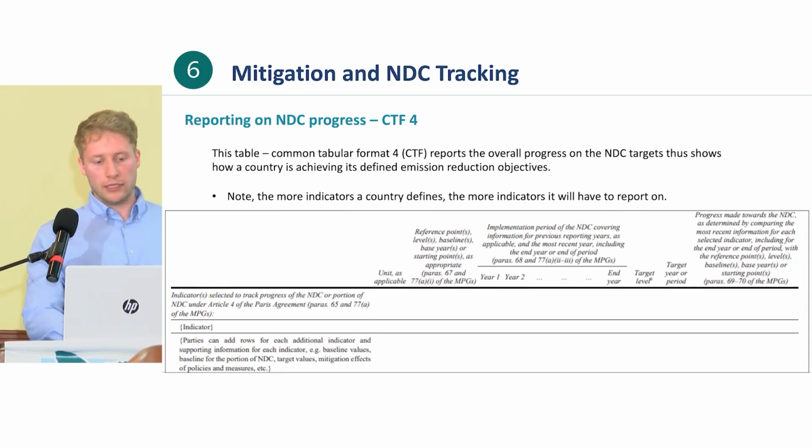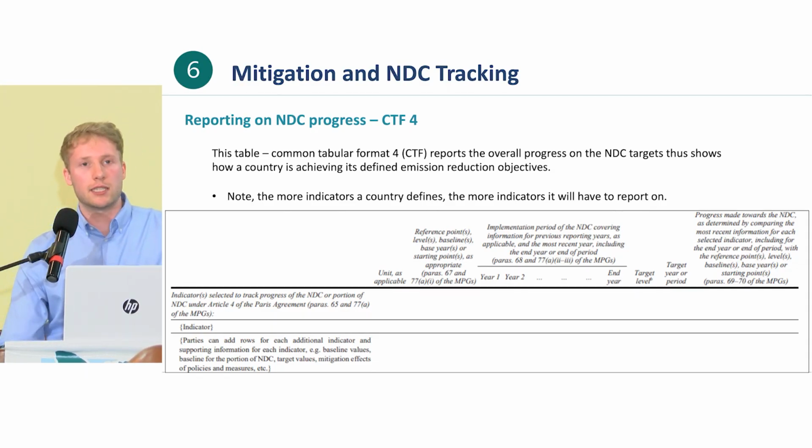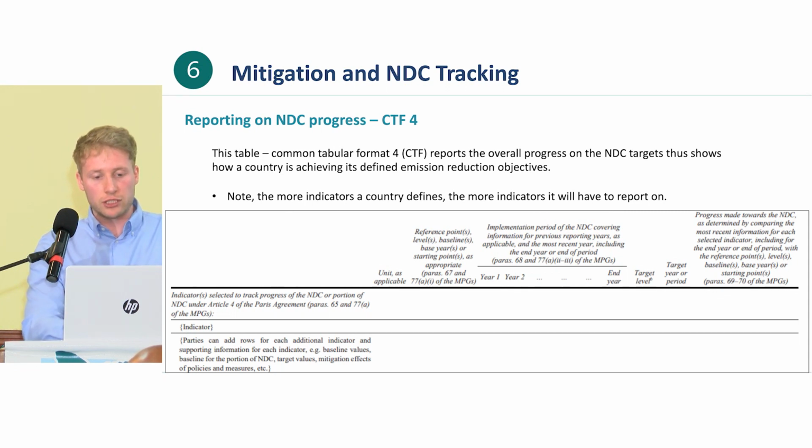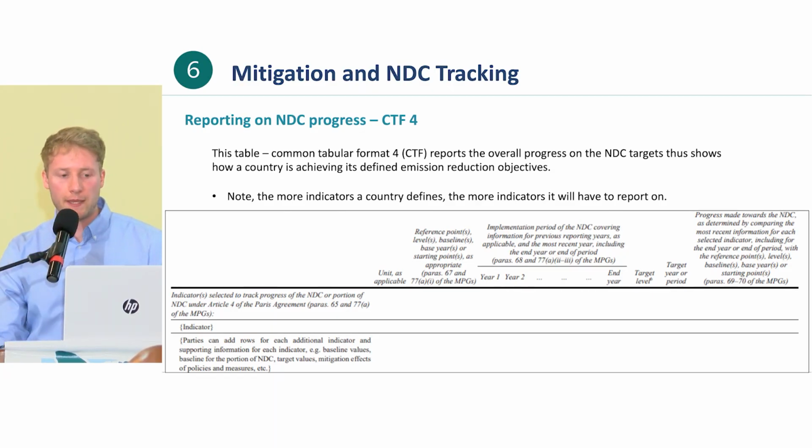And in the case of Trinidad and Tobago, what is done is that countries can add rows for each additional indicator, because we have this implementation plan which helps us achieve this target, because only the target out there might be a bit imprecise. So you can put additional targets and additional indicators, let's say.